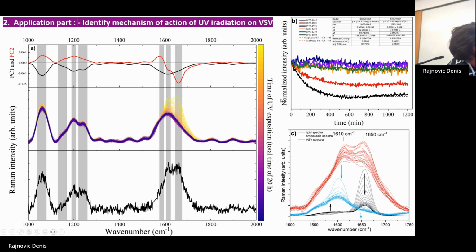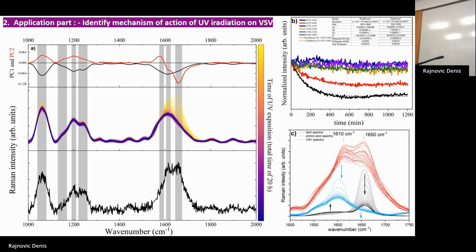Especially two peaks, the black one and the red one, have a very good exponential decay fit score. And then to see what's actually happening inside of this band, I exposed single components, like amino acid and lipid, that have peaks in this region.